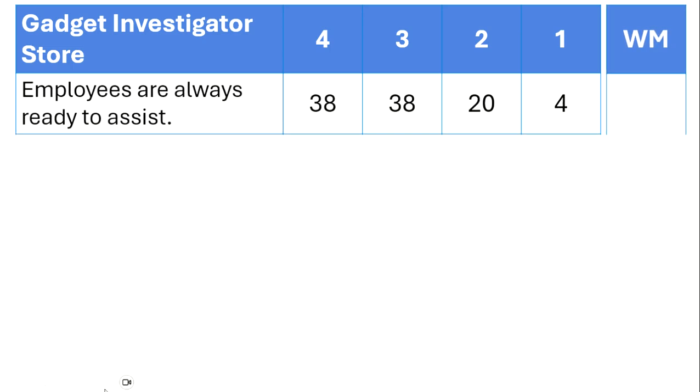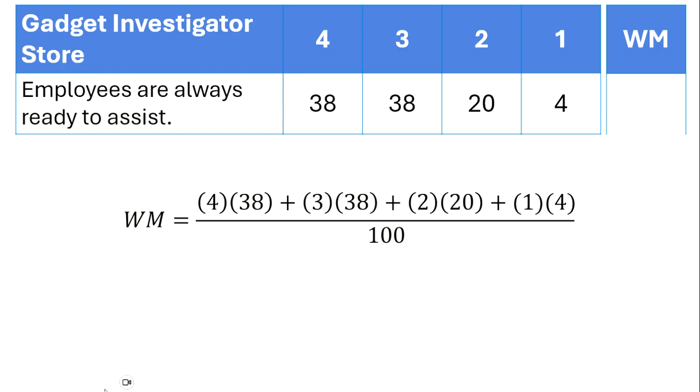Another one, let's try to compute the weighted mean. We have 4 times 38 plus 3 times 38 plus 2 times 20 plus 1 times 4, divided by 100.